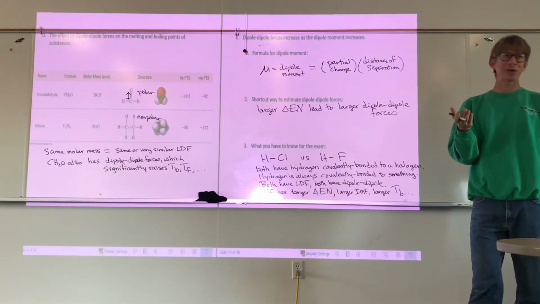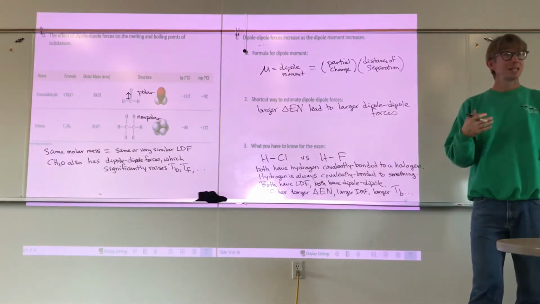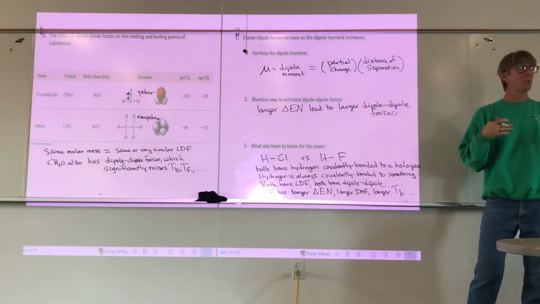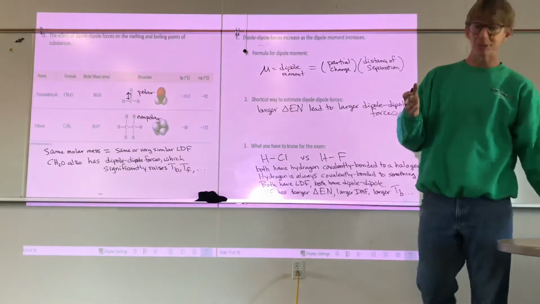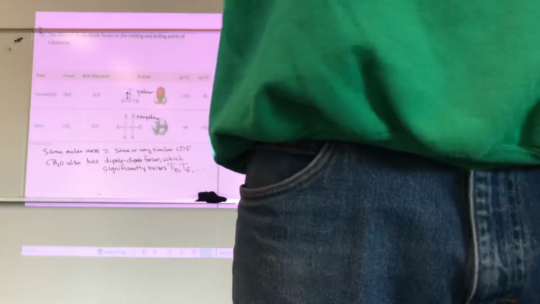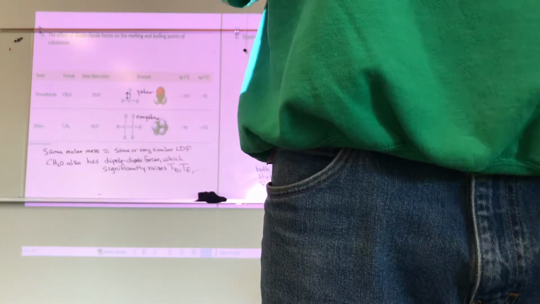But on the exam, you'll see cases in which there are two substances that both have dipole-dipole forces as their strongest or dominant intermolecular force, and that's not true for this one. So, darn. Is it okay if I rework this example? I apologize.